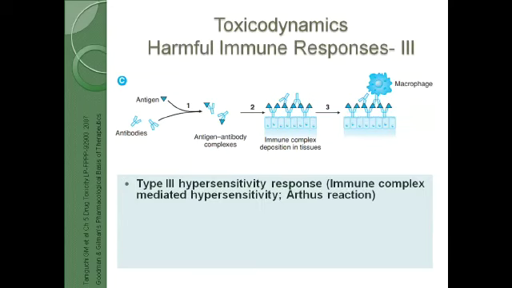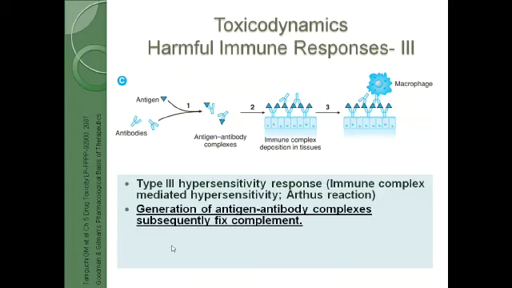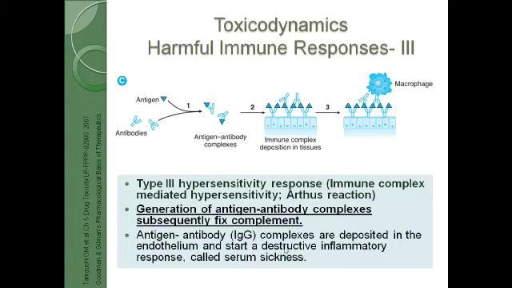The third type of hypersensitivity reaction we call immune complex mediated hypersensitivity. So, generation of antigen-antibody complexes subsequently fixes the complement. Antigen-antibody complexes are deposited in the endothelium and start a destructive inflammatory response, and we call this serum sickness.